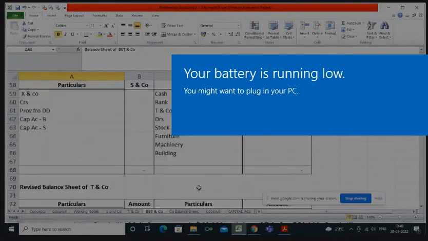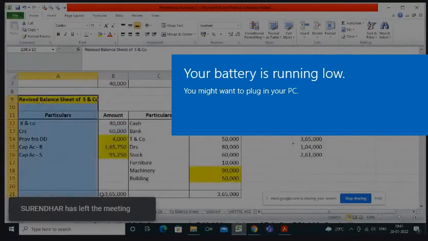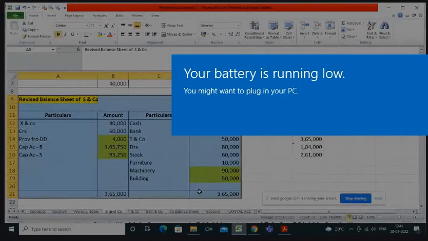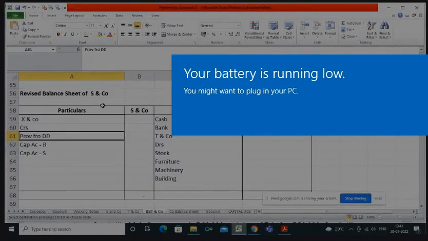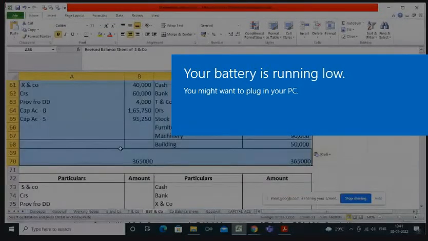I am copying the revised balance sheet of S and Co and pasting it here. This is not asked in the question, but for our clear understanding, I am doing this.